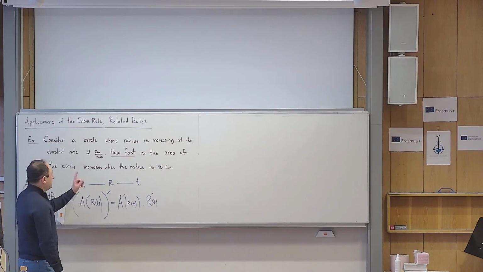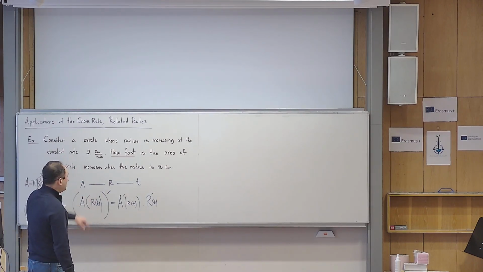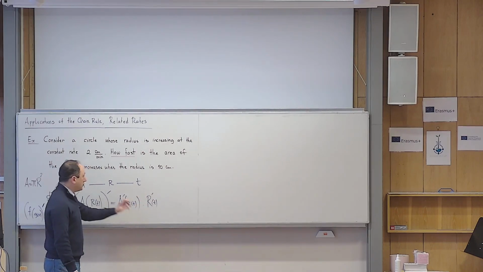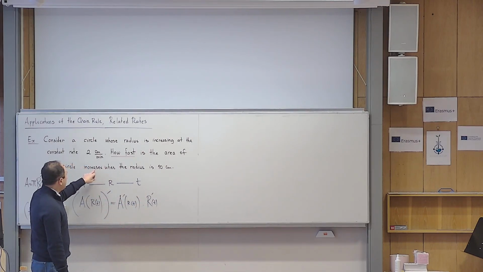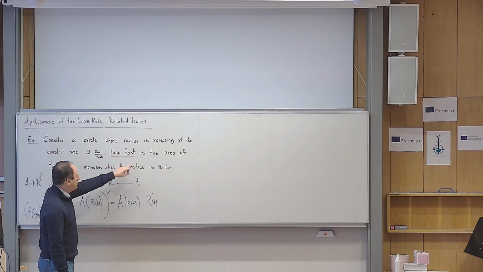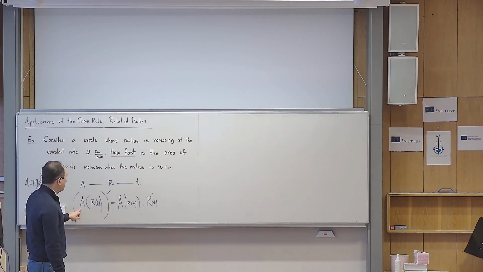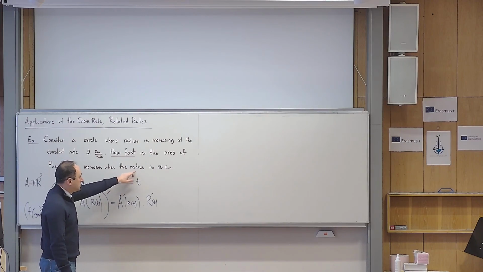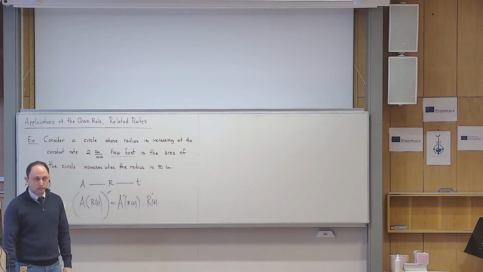Now, be careful about what I want to find. It tells you how fast the area is increasing when, not always, they are asking you about a particular moment in time, when the radius is 10 centimeters. Okay?